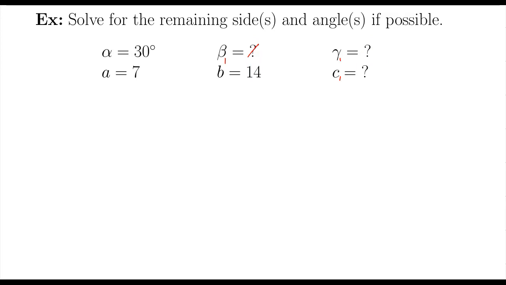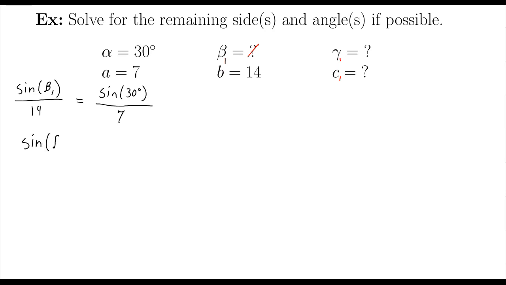Remember, for beta we use the law of sines, so sine of beta 1 over b, that's 14, is equal to sine of 30 degrees, which is alpha, over a, which is 7. Multiply both sides by 14. I can actually reduce that a little bit, make my life a little bit easier. 14 over 7 is just 2.